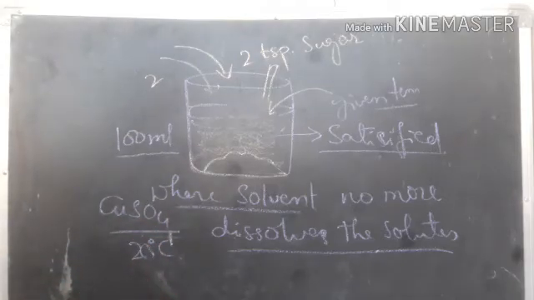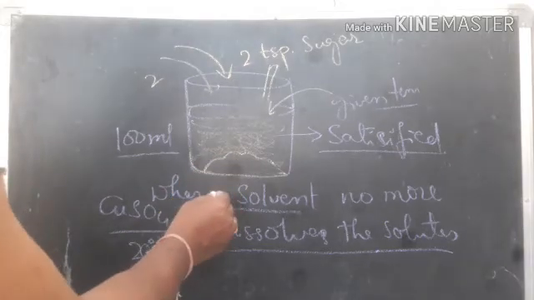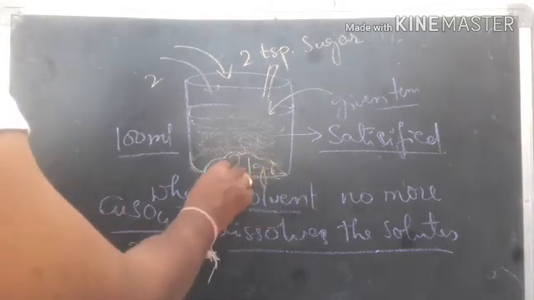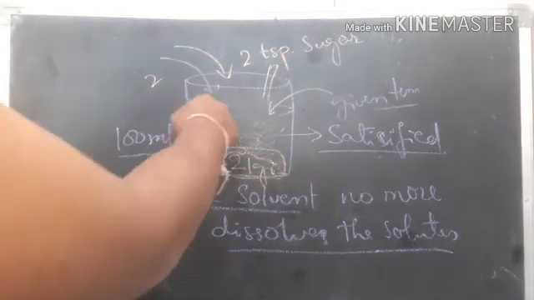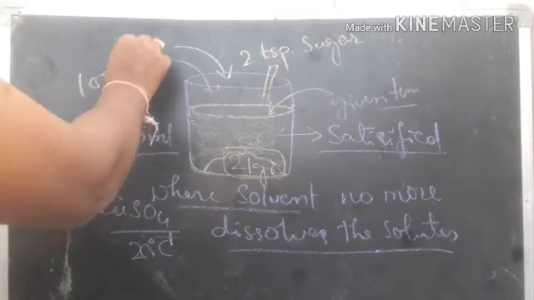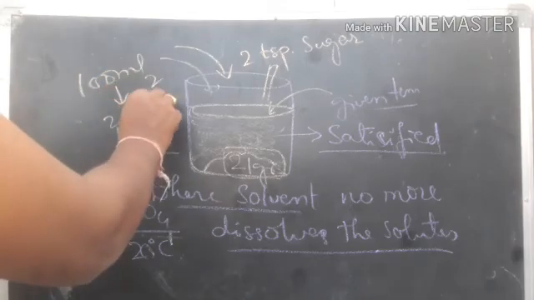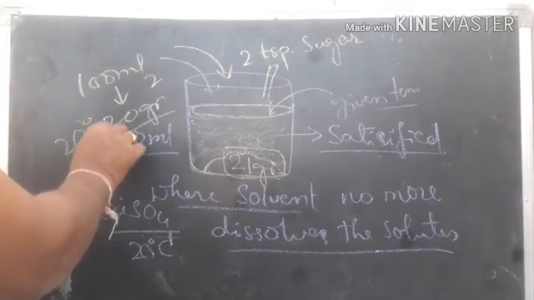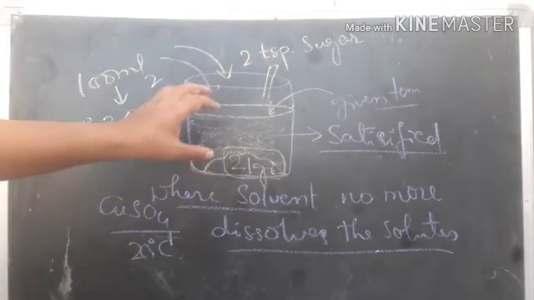How much can it satisfy? With 20 grams of copper sulfate can be dissolved in 100 ml of water at 20 degrees Celsius, means a particular temperature. So it is now satisfied.